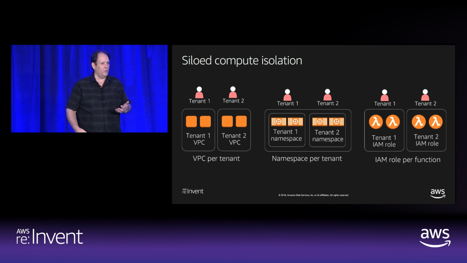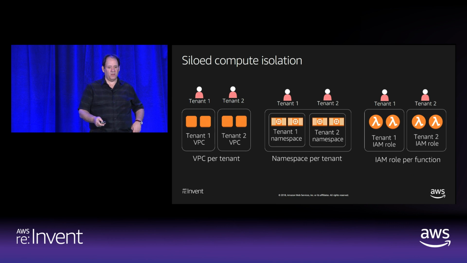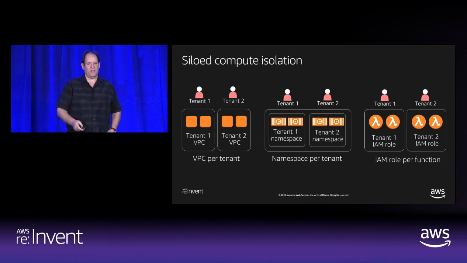We talk about a little of that more in my serverless talk, but it's a different dimension than, say, ECS or containers, where you might have a service and, in a pooled model, multiple tenants are consuming that service. Well, now what's your isolation story? Because they're all sharing that compute construct. It's a little more difficult, and easier to talk about in the siloed model that I described here.